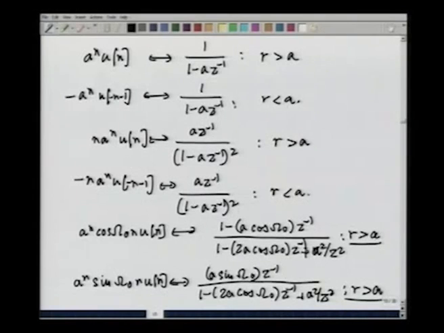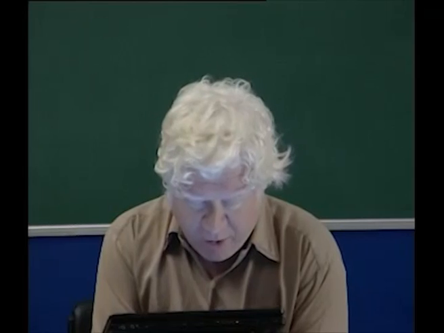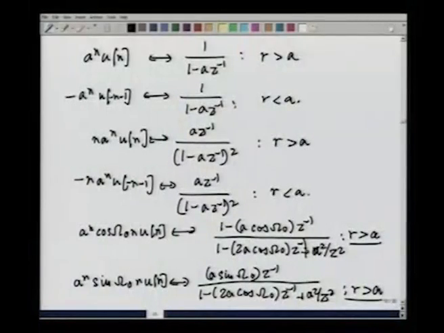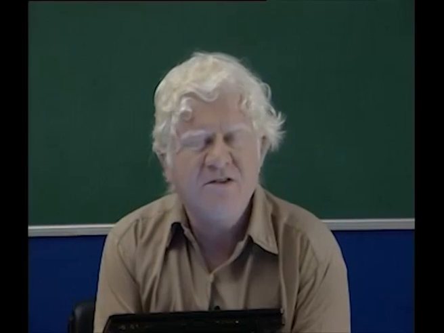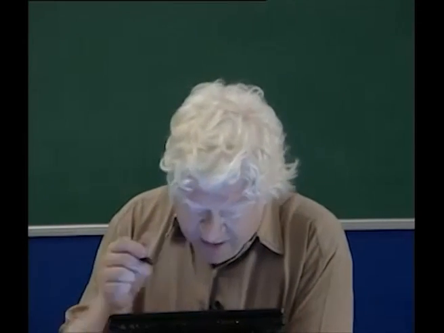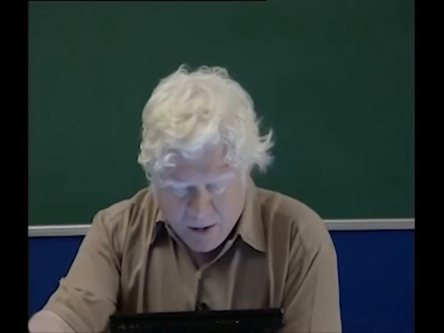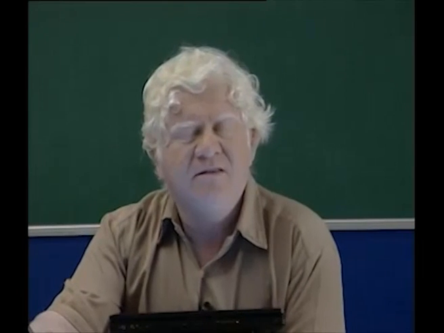Now, the last two forms, namely those corresponding to cos omega naught n and sin omega naught n with an exponential term like a to the n multiplied, will simplify appropriately to the case when a is taken as 1.